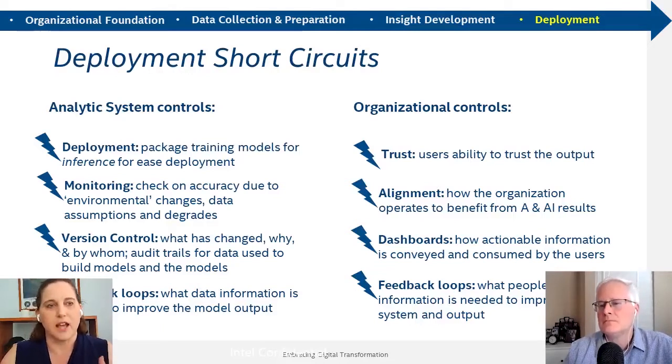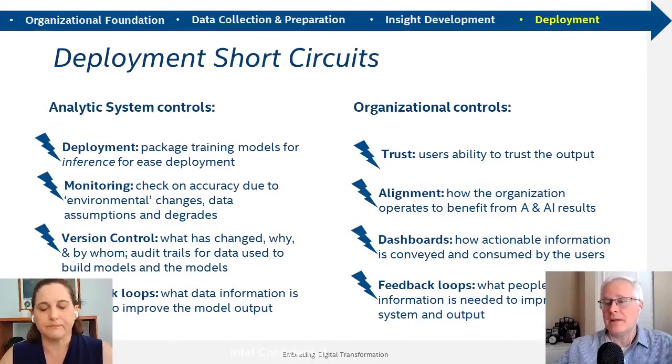If the model says we need to make this many widgets, and they want to understand why it's so high or why it's so low, you want them to have a dashboard that tells them that information, but also lets them dig down into why something looks a little bit off. So it can't just be a red light, green light thing. Oh, everything's green. You need to be able to drill down and find out why you're on target or off target, right? So that's what you're talking about with the dashboard.